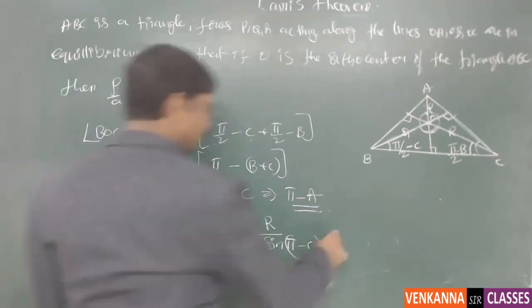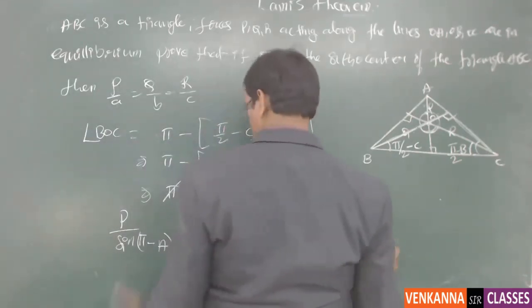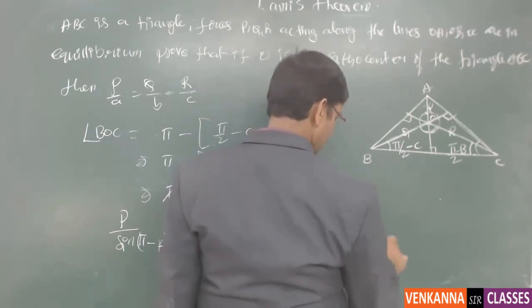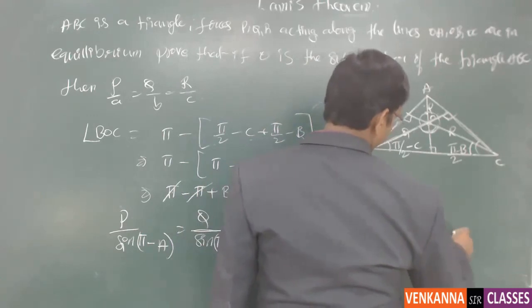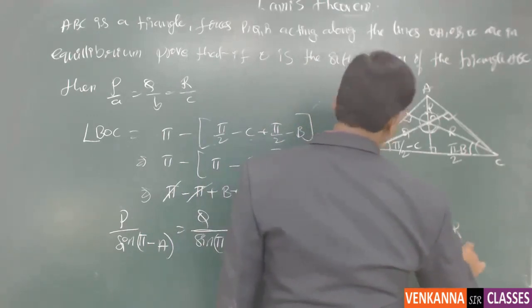Obviously, sin(180 minus A) is sin A, so P by sin A is equal to Q by sin B equal to R by sin C.